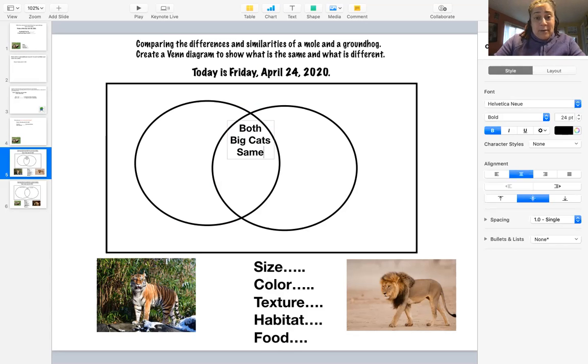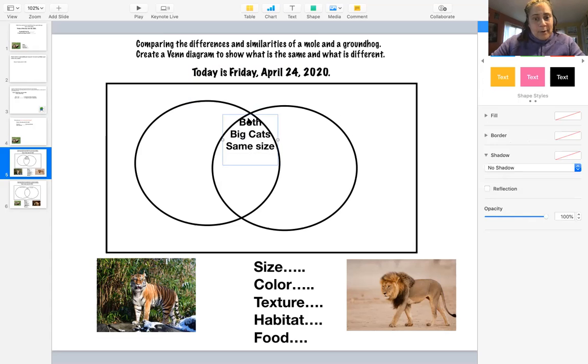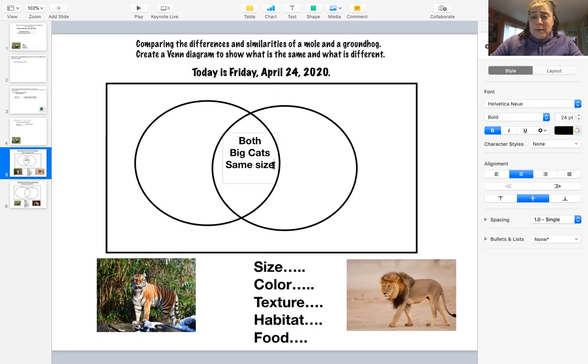So I'm going to put down same size, because that goes along with the big cats. And then their colors are different. I don't know if their fur is the same. I haven't touched a lion or a tiger. I don't think their habitats are the same, but I think their food is probably the same, right? They both eat meat. So I can put that down as something that both of them do, eat meat.